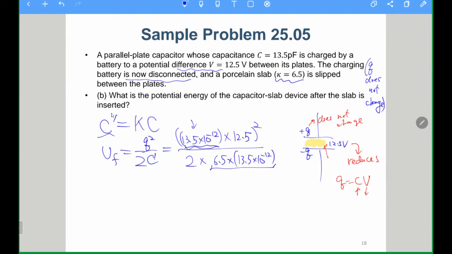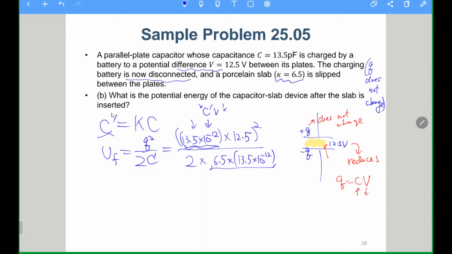Try to bear in mind this one is C prime and this is only C, because otherwise, if you use C prime, you should also use V prime. But C prime becomes larger and V prime becomes smaller, so we don't use C prime and V prime here.